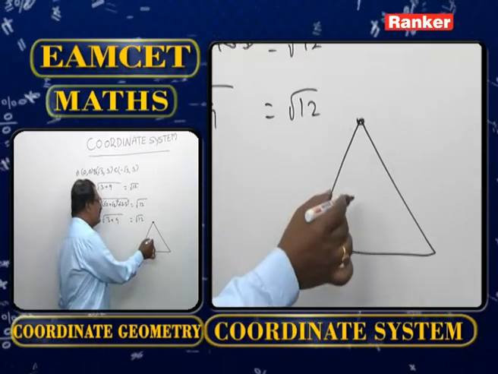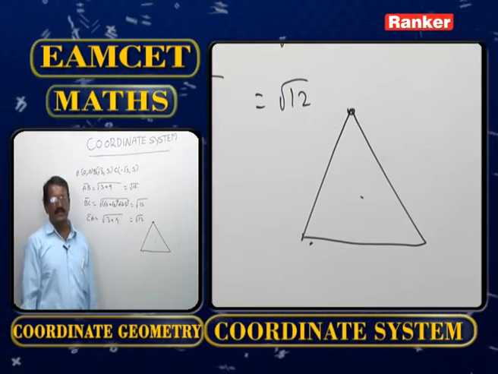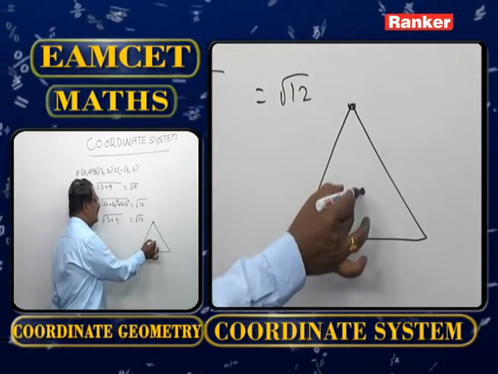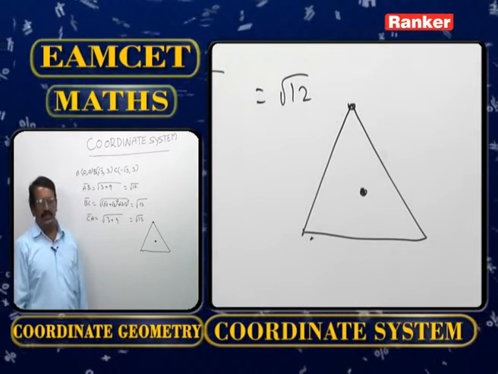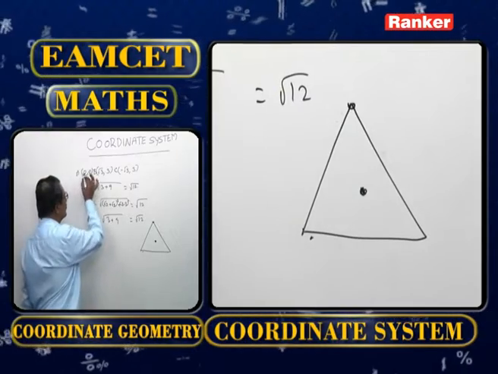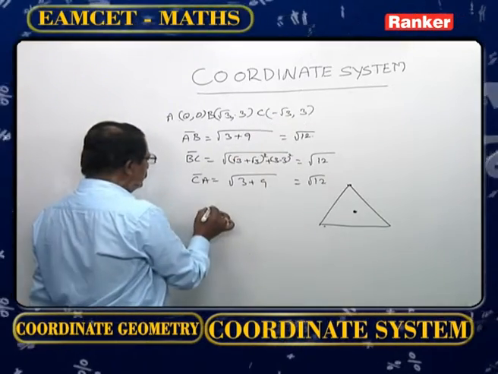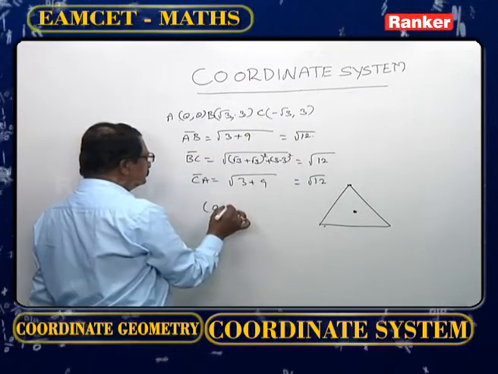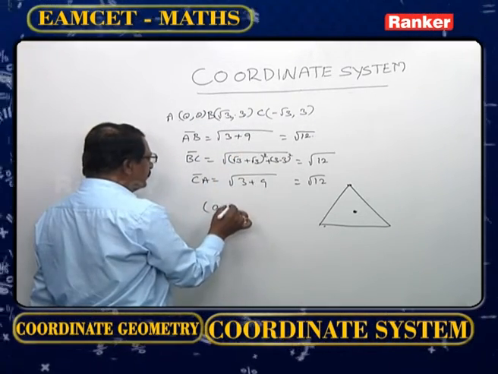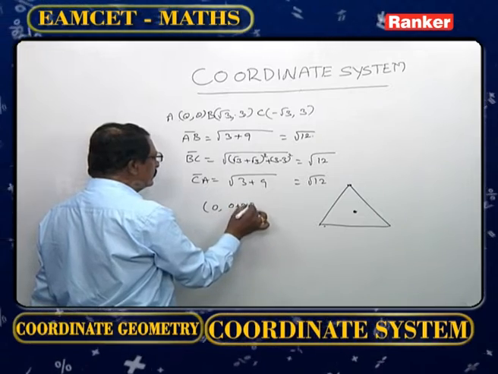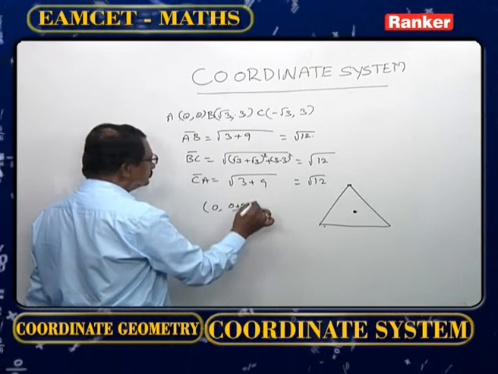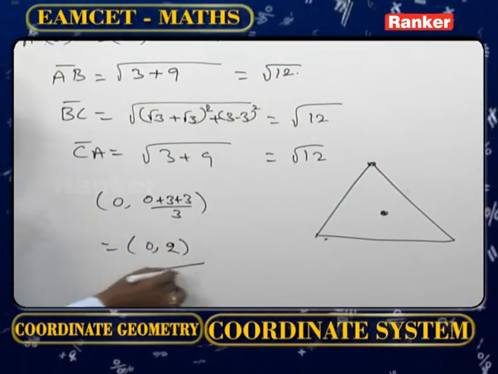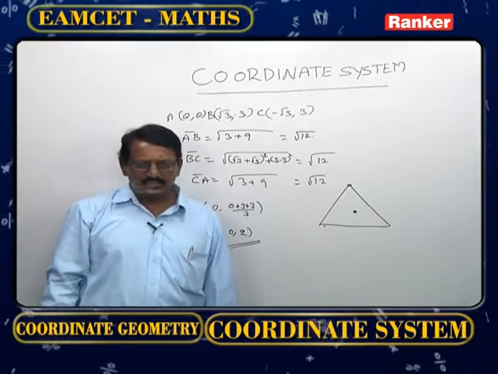For an equilateral triangle, the circumcenter, orthocenter, incenter and centroid are all the same. So the incenter equals the centroid, ((x1 plus x2 plus x3) by 3, (y1 plus y2 plus y3) by 3), which is (0, (0 plus 3 plus 3) by 3), or (0, 2). The incenter of the triangle is (0, 2).